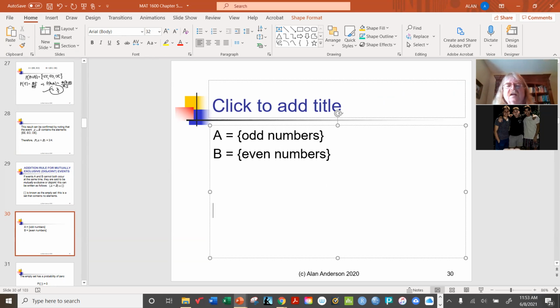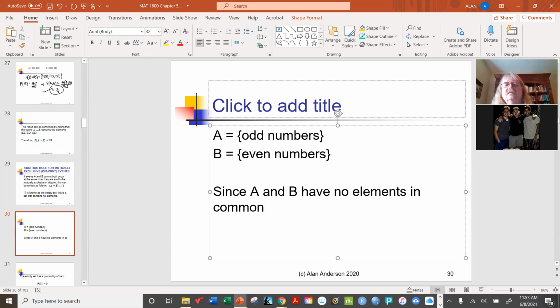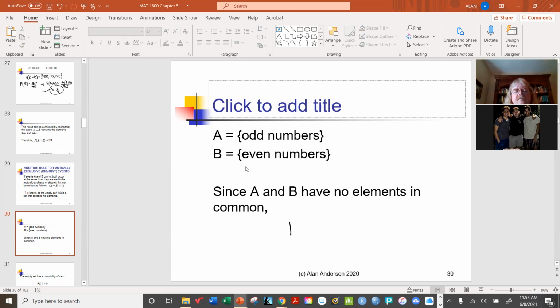They most certainly do not. So since A and B have no elements in common, we can say that their intersection is the empty set.